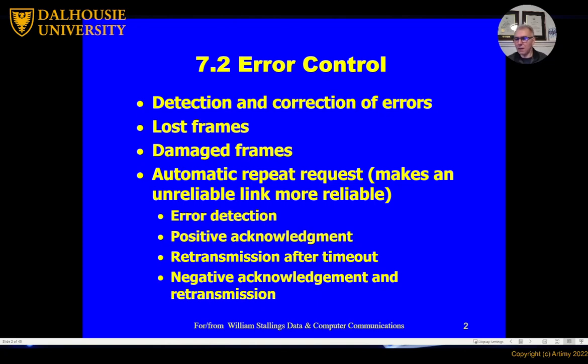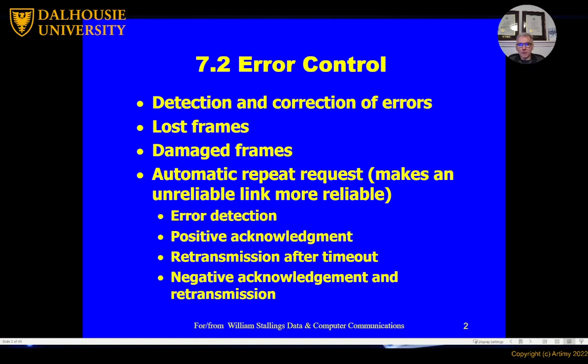If I send RNR, receive not ready, this means that the receiver sends an acknowledgement, but says, here is the acknowledgement, but please don't send me any more frames. We will see later, maybe in different courses, when we talk about TCP, for example, that flow control and error control are separated and handled differently.